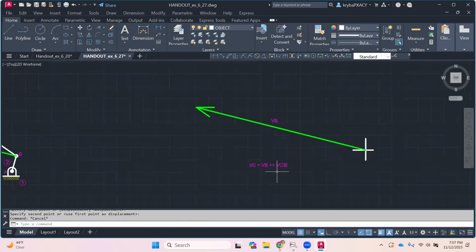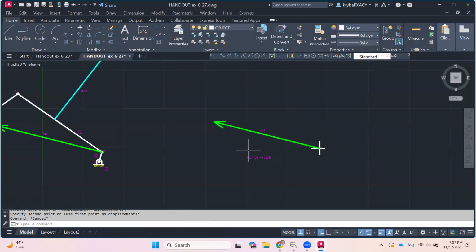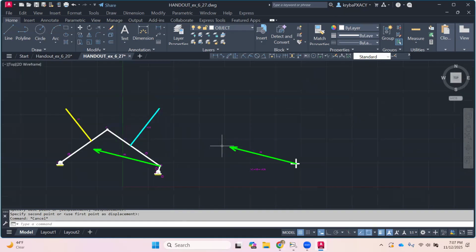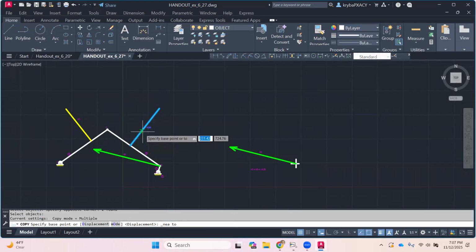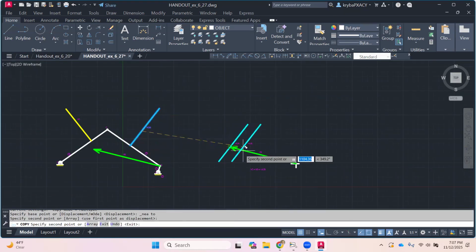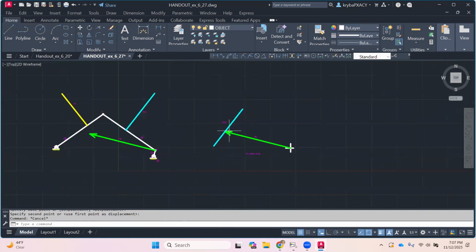Then on the endpoint of VB, I am going to put the velocity of C relative to B. Okay. So I am going to copy this one and I'm going to go nearest here-ish and then there. Okay.